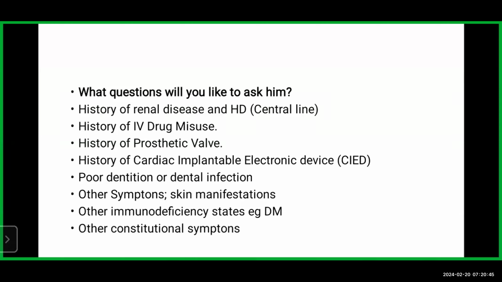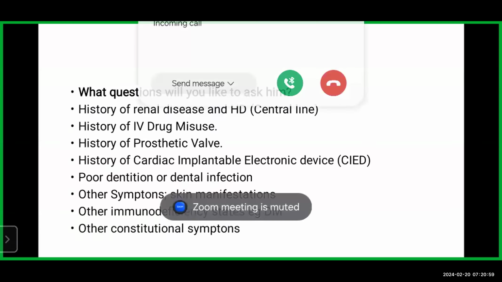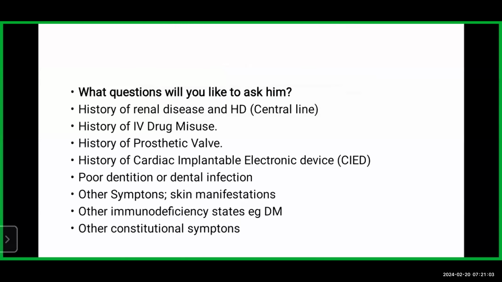Does he have a history of HIV or drug abuse? Does he have a history of a cardiac implantable electronic device, pacemakers?